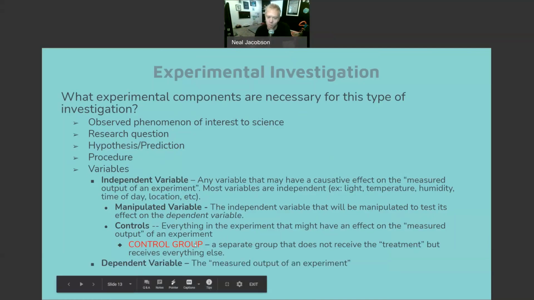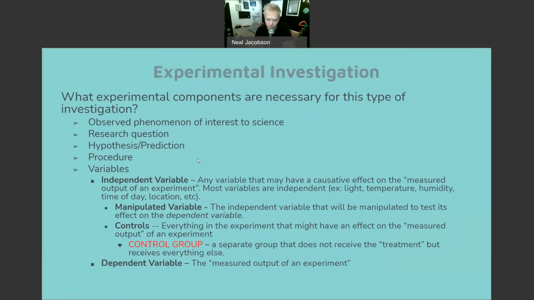And then you have, of course, the other variable, which is the dependent, and that's the measured output of the experiment. That's the star-bellied sneetch coming out the other side. You cannot directly affect the dependent variable. The only thing you can do to affect the dependent variable is to change one of the independent variables. Change the amount of blood pressure medication they're receiving, change the amount of sunlight they receive a day, change the amount of vitamins they take.